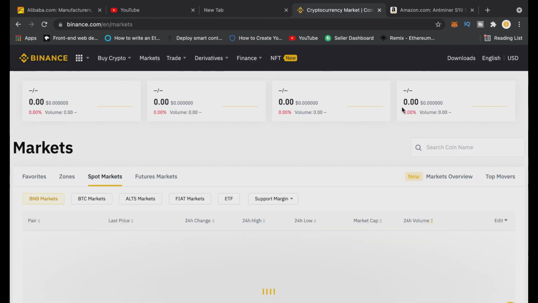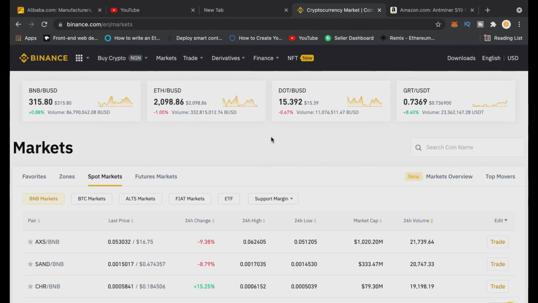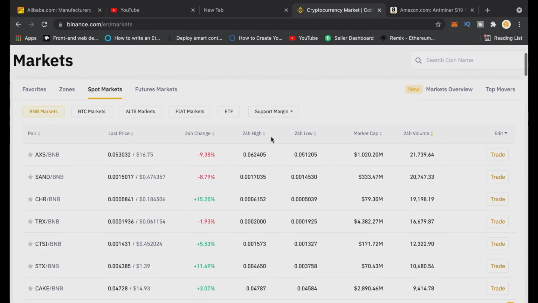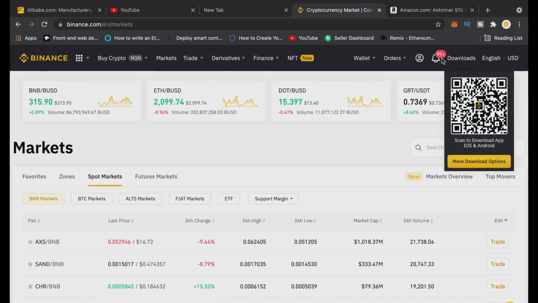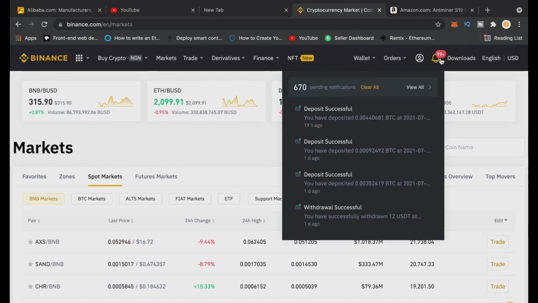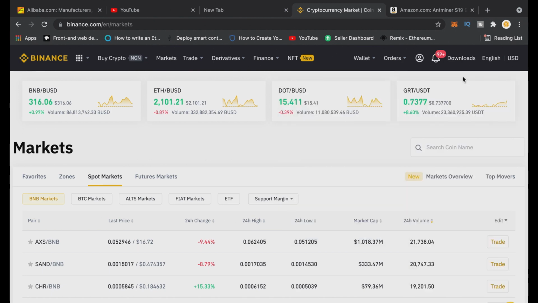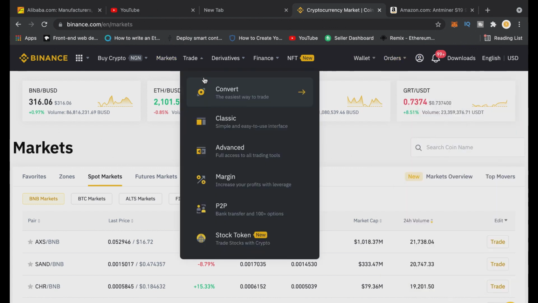It's going to refresh. Yeah, so I'm logged in right now. Oh, deposit successful, 1 day ago. So those are some of the deposits done in the last day. Okay, you see my balance and so on.